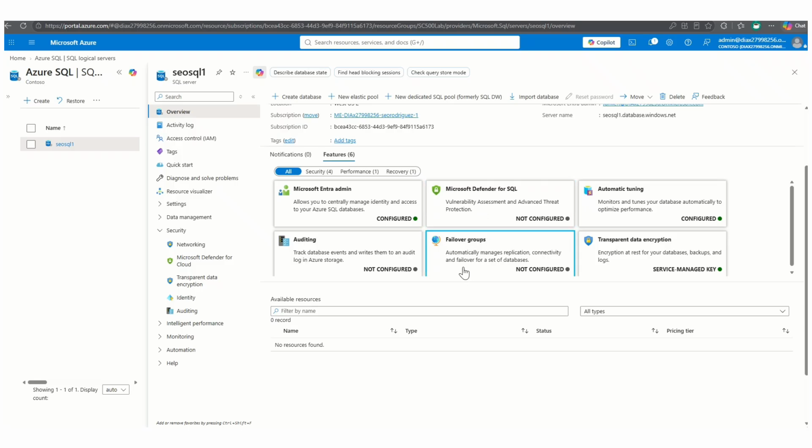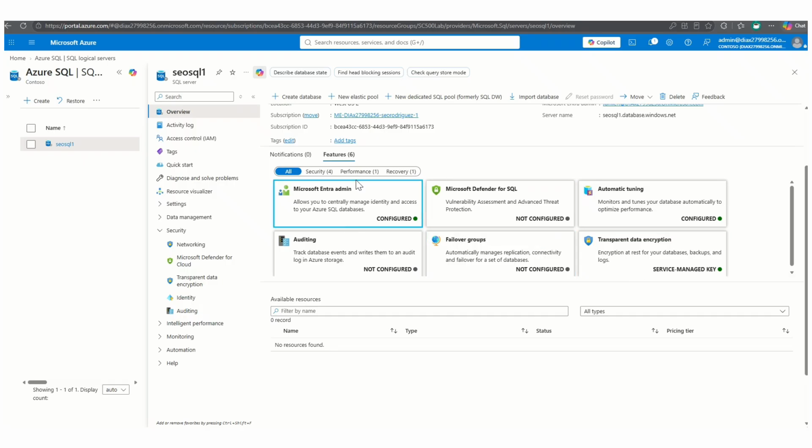Failover groups automatically manage replication, connectivity, and failover for a set of databases. That's not configured either. Automatic tuning, transparent data encryption is configured. So encryption at rest for your databases, backups, and logs. Yes, you could encrypt individual databases, but if you do it at the server level, then any database that you create will be encrypted.